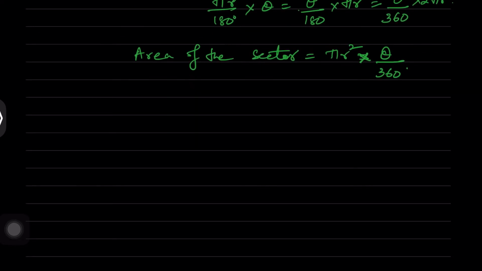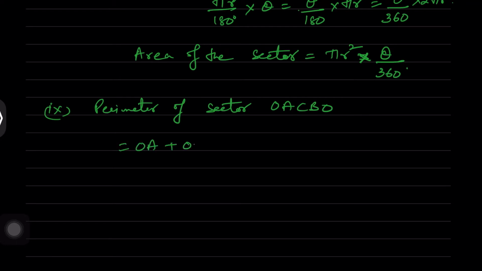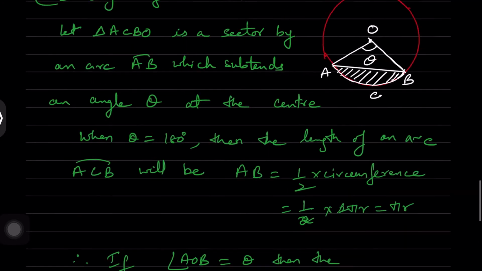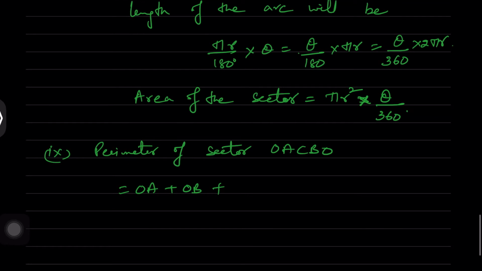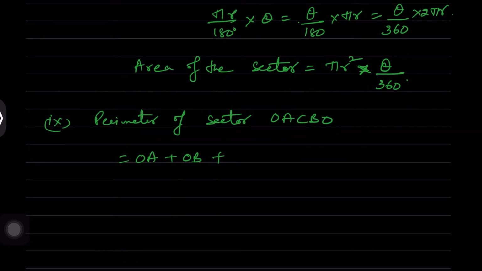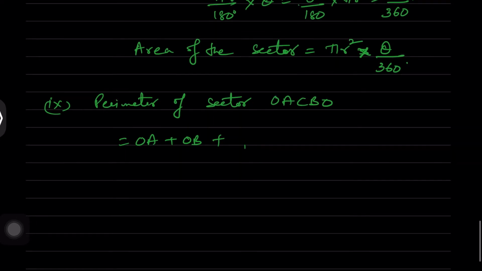Now next, the ninth one, the perimeter of sector OACBO is equal to OA plus OB plus the length of the arc ACB.